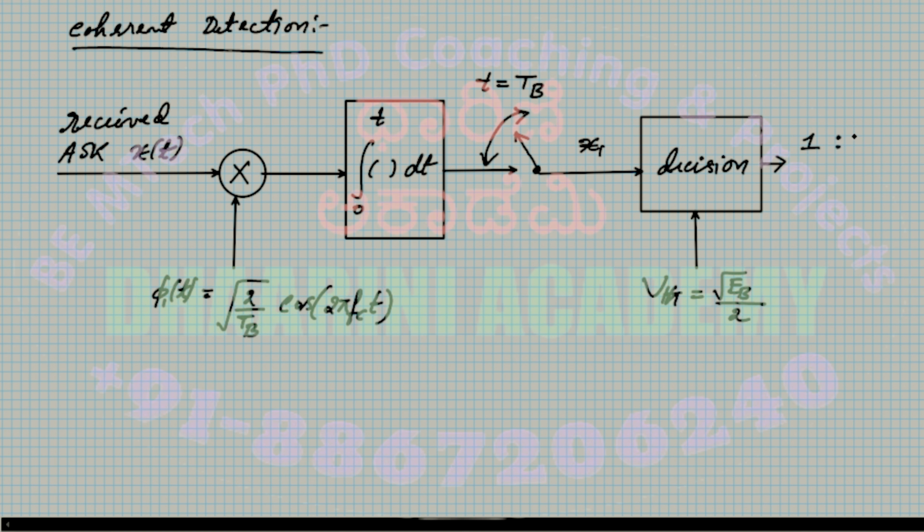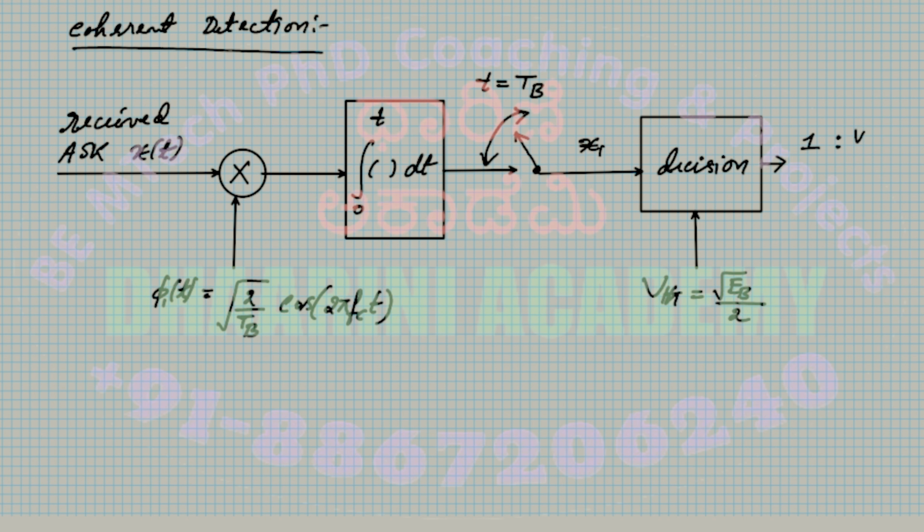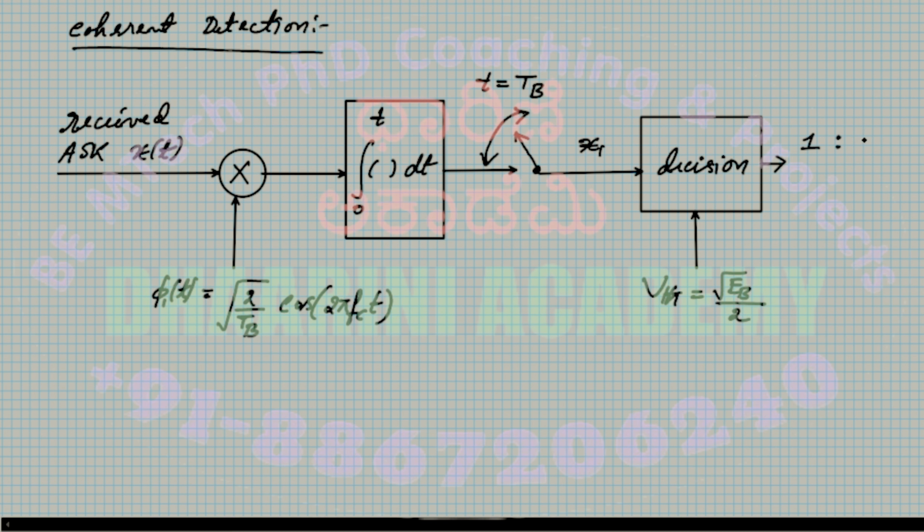Since V threshold is known, I don't have to write it once again. So if x1 is greater than V threshold, the symbol is 1, and the symbol will be decided as 0 if x1 is lesser than V threshold. That is the decision process.